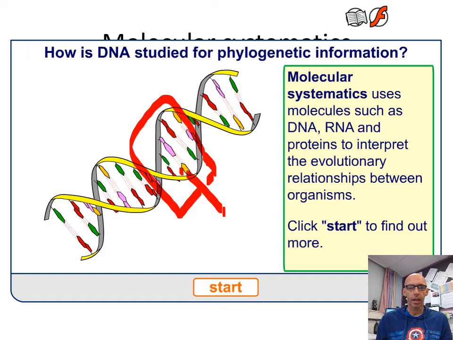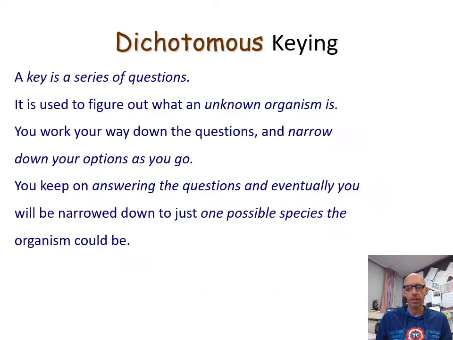An oak tree has some of the same genes as us, but nowhere near what a chimpanzee would have. We have more in common with a chimpanzee in terms of our DNA than we do an orangutan. However, we have more in common with an orangutan than with a cat or a dog, because we're further away from those evolutionarily. And we're coming on to evolution in the next couple of lessons.